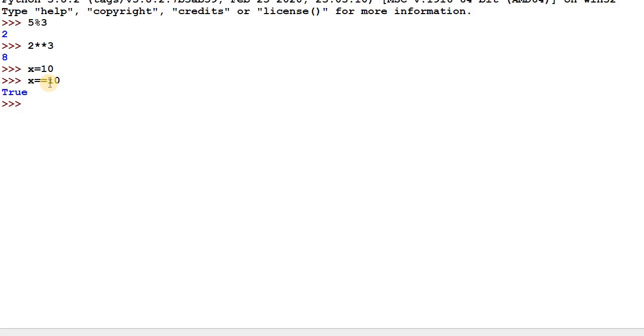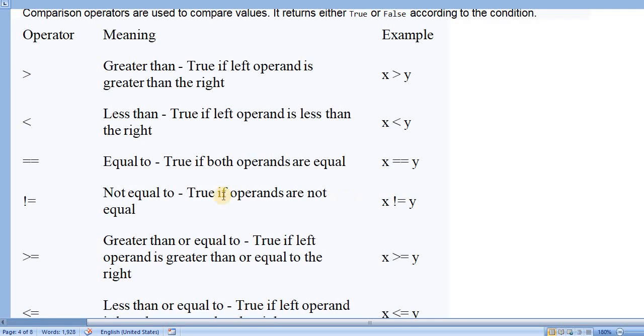Double equal checks the equality of two operands, so it is true if both operands are equal. If x double equals y, it only returns true when both operands have the same value.